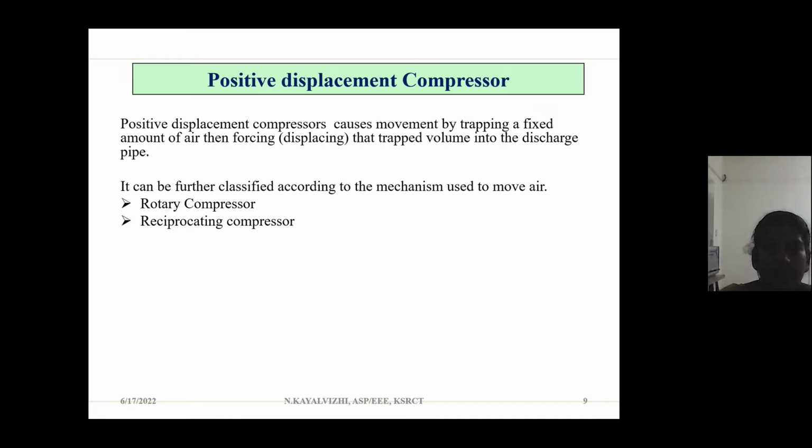Another type of compressor is the positive displacement compressor. The positive displacement compressor traps a fixed amount of air, then forces that trapped volume into the discharge pipe. It can be further classified into rotary compressors and reciprocating compressors.